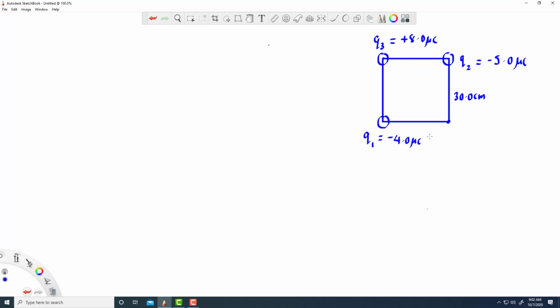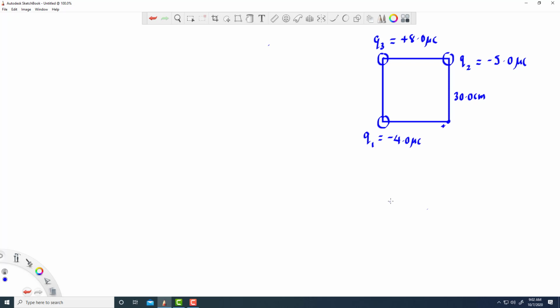Okay. So how do we find the net electric field? So we first need to find the electric field due to individual charges. And when we find electric field, you need to imagine that there is a test charge at that point. So imagine that there is a small positive charge at that point.